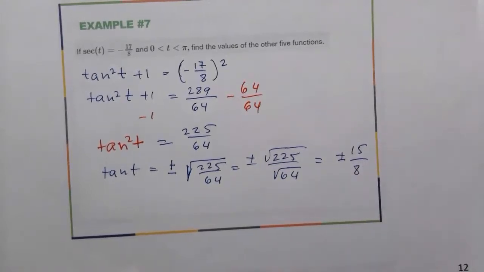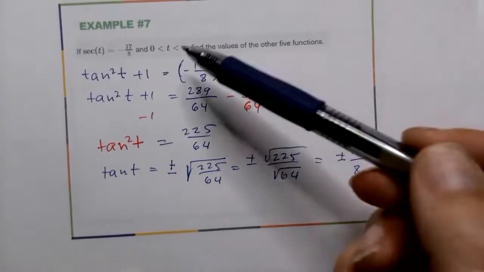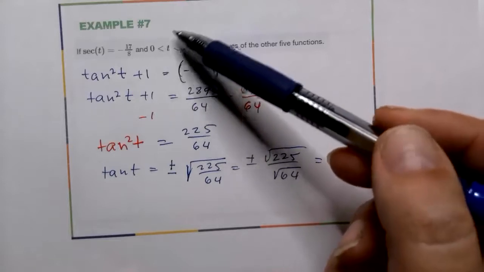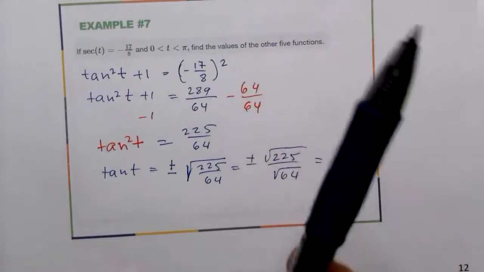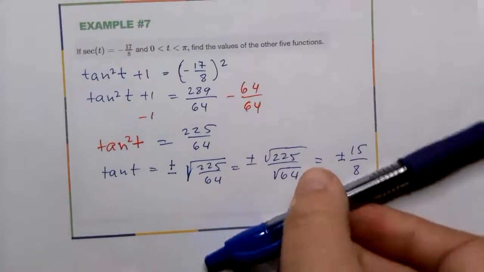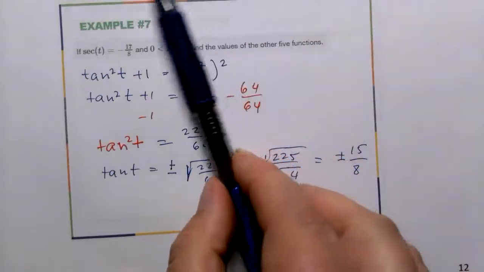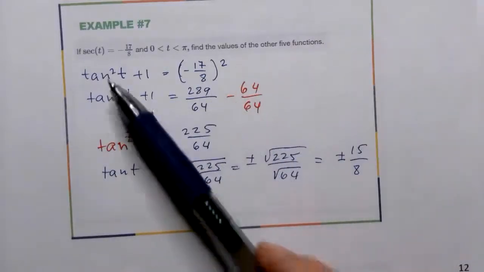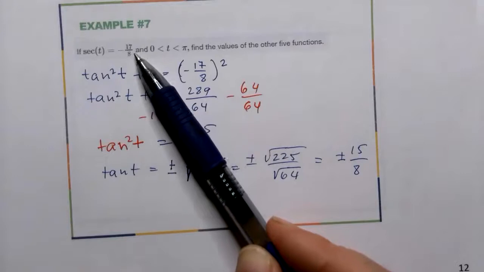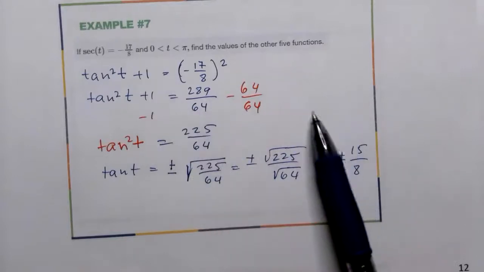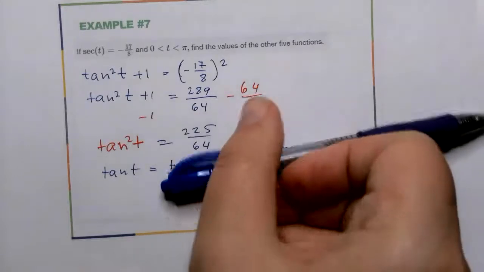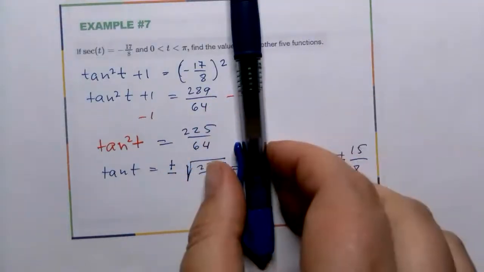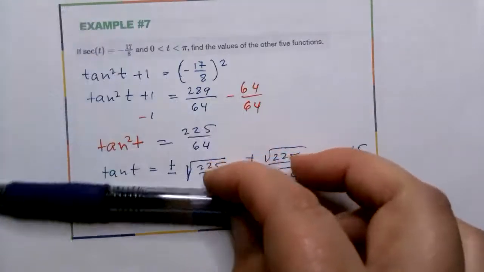What's going to help me is the knowledge that my angle is between 0 and pi, so it's either in the first or second quadrant. Since my secant is negative, and in the first quadrant all trig functions are positive, it must be in the second quadrant.